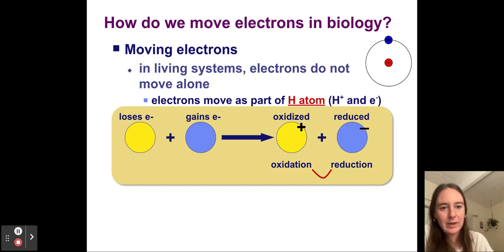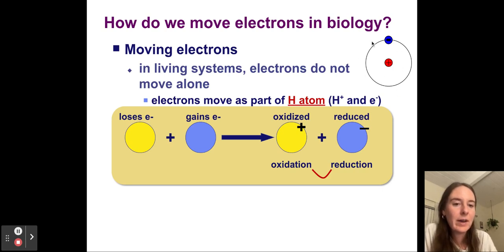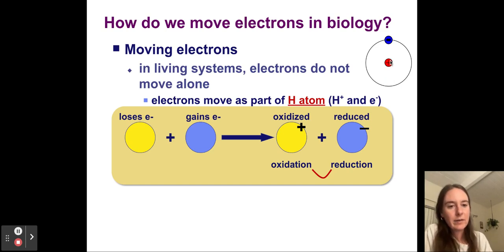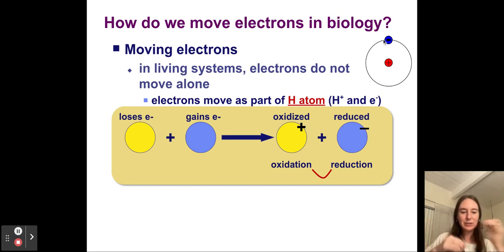Let's think about what we know. Remember, electrons are part of molecules, or they're part of atoms. They're in this valence part of atoms, and they're on the outside, right? And in the center, you usually have protons and neutrons. These protons and neutrons are in the nucleus of an atom. So in living systems, electrons don't just go off by themselves. They actually move with a proton.